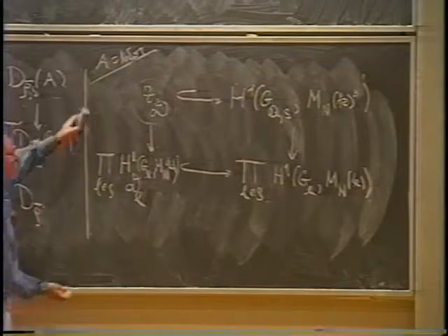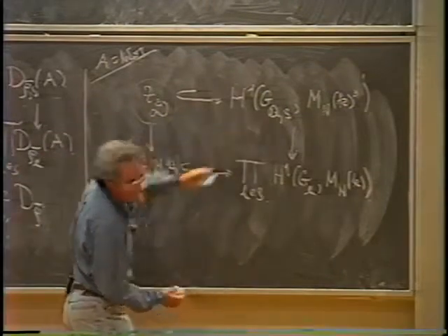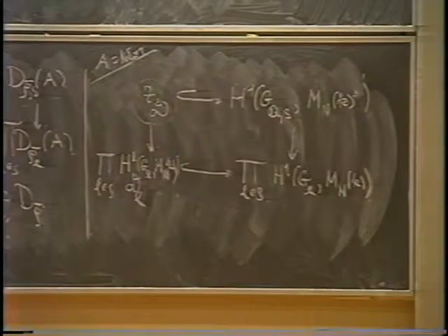It's a perfect example of the type of Selmer group setups that one sees in other aspects of the subject, and I assume we'll see a lot more in the lectures to come.